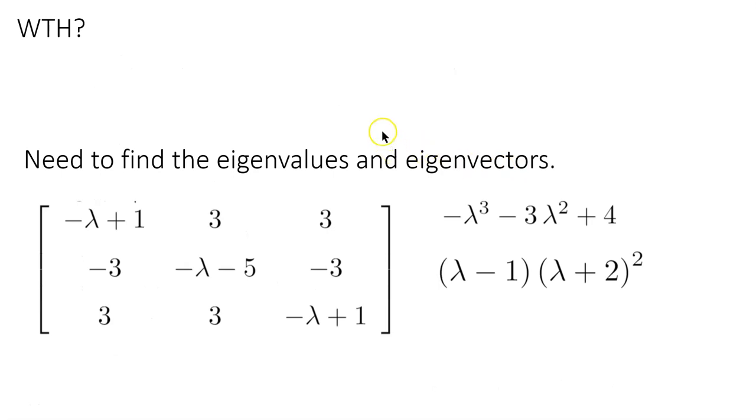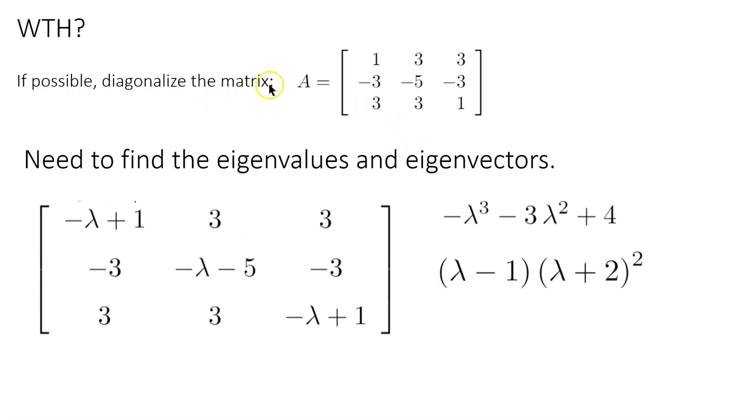So let's look at this one. Is it possible to diagonalize the matrix A equals this? We're going to find the eigenvalues and eigenvectors. So we put our lambda there, find the characteristic equation, and we factor. We see the eigenvalues are 1 and -2, and -2 has multiplicity 2.